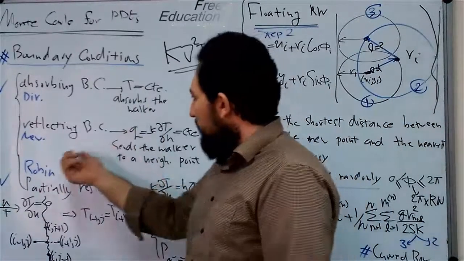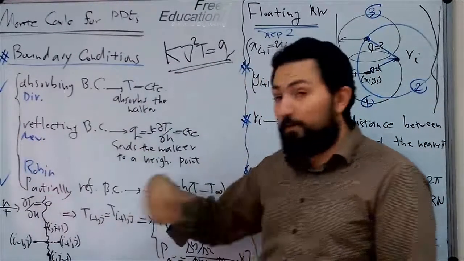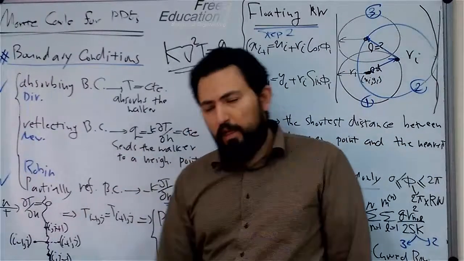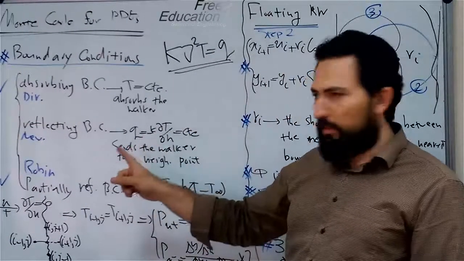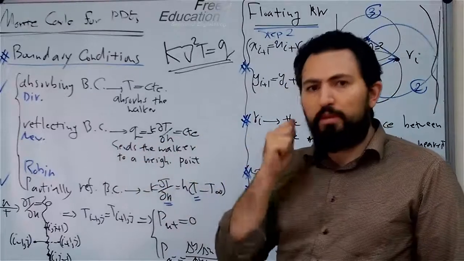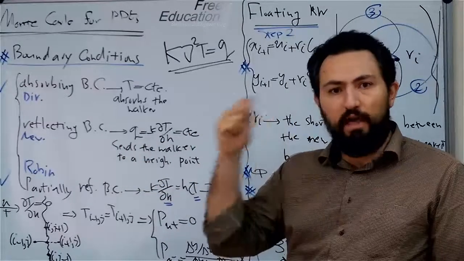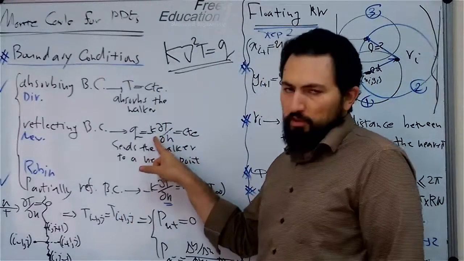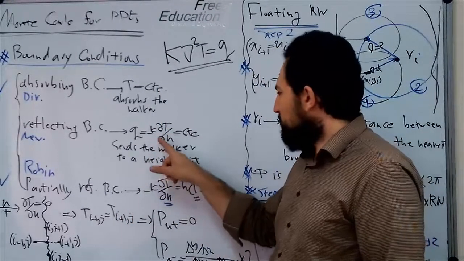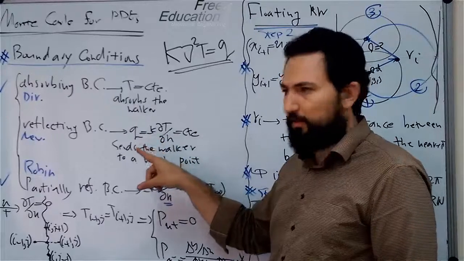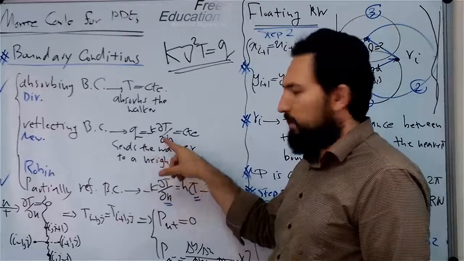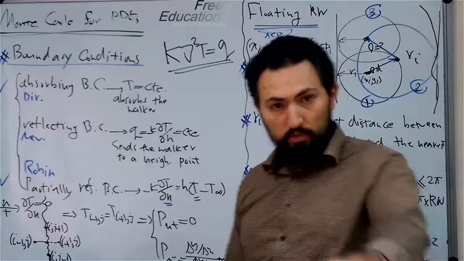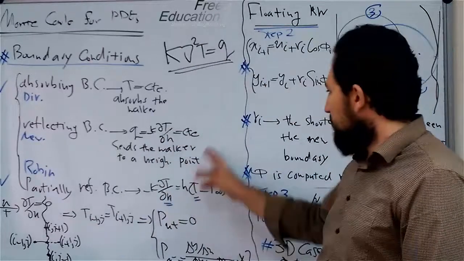The second type is the reflecting boundary condition or the Neumann type boundary. In this category, we have to give you the magnitude of the derivative of the unknown parameter on the boundary. So Q here is the heat flux, which based on Fourier's law is minus K, conductivity, times the partial derivative of temperature with respect to the normal direction of the wall, and it is constant.